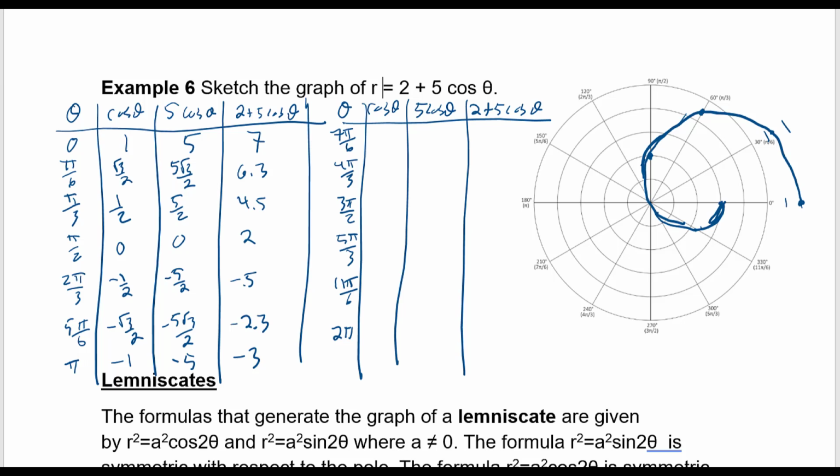Cosine of 7 pi over 6 is negative square root of 3 over 2, so it's negative 5 root 3 over 2, and 2 plus that is negative 2.3.